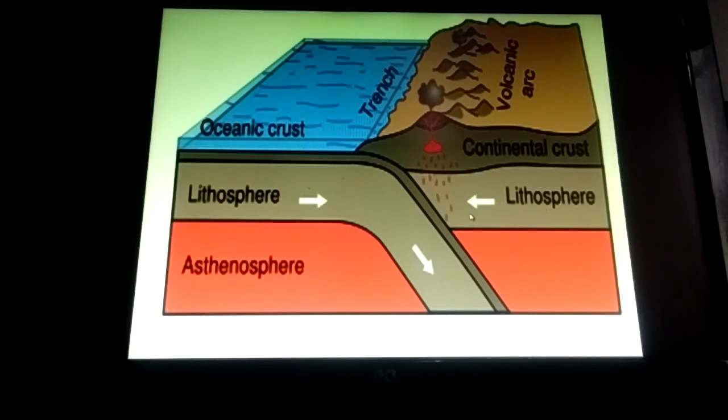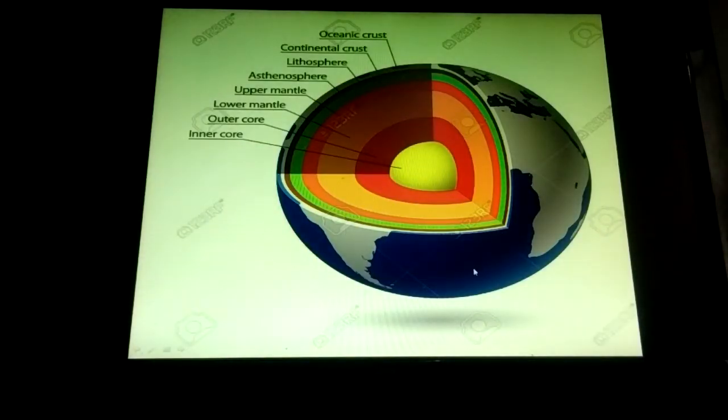Each plate, oceanic or continental, moves independently over the asthenosphere. What is the asthenosphere?